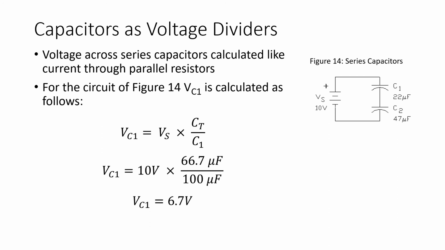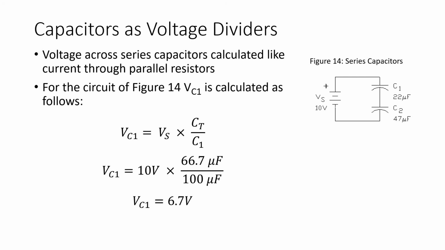And I don't show the equation or the derivation, but if VC1 is 6.7 volts, then VC2 would have to be 3.3 volts because the applied voltage is 10 volts.